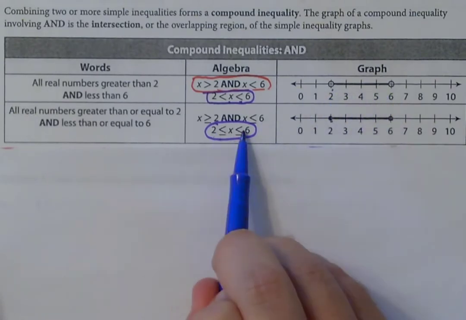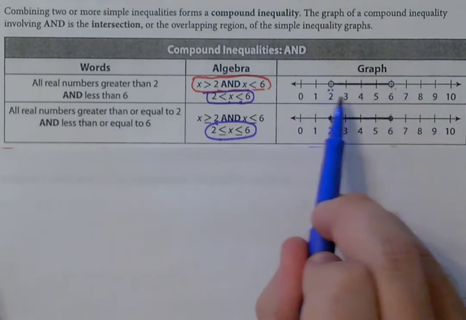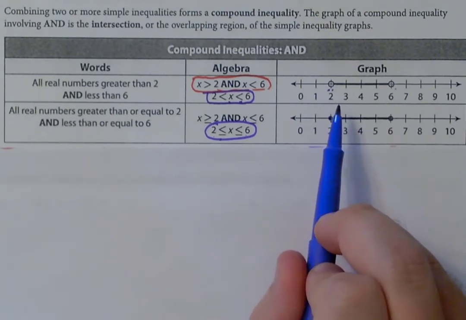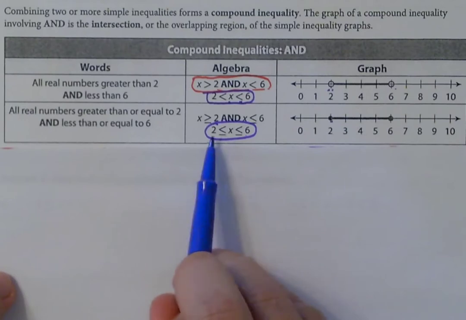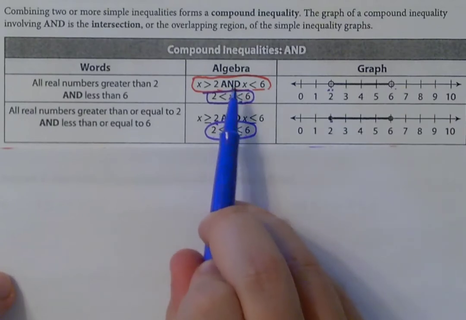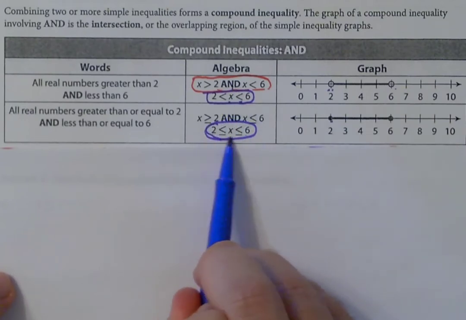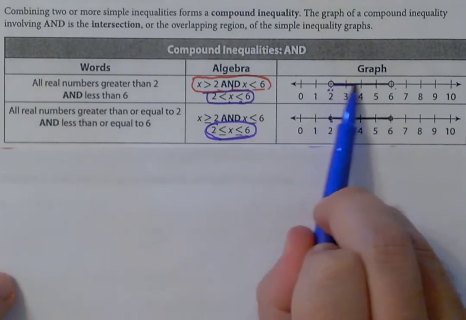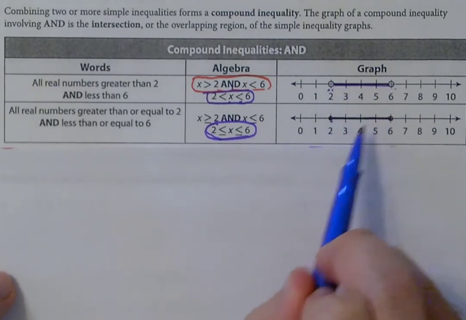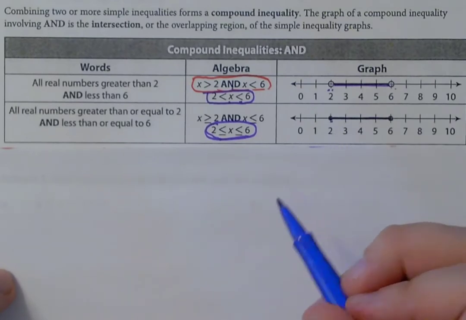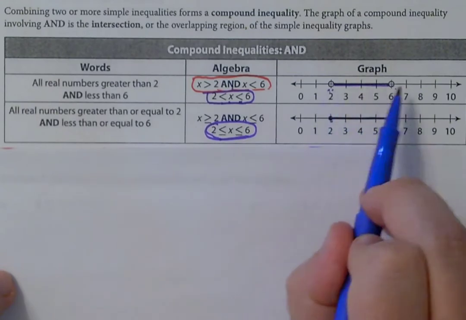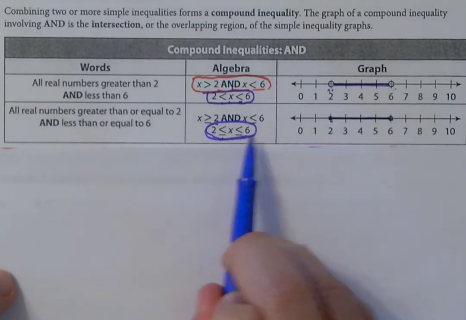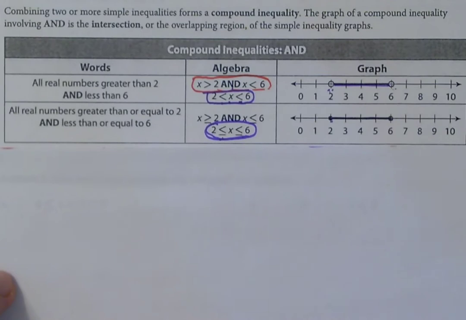And because we have two numbers and two inequalities, you're going to have two different dots instead of just one dot like a normal inequality. Anytime you have "and" in the problem or your whole statement is connected like this, you connect your two dots. Just like normal inequalities, if there's no equal to sign on the bottom, your dots are open. If there is an equal to sign on the bottom, your dots are closed.